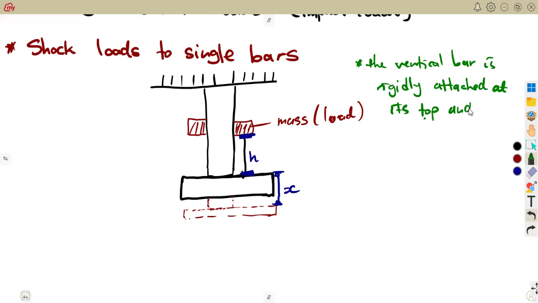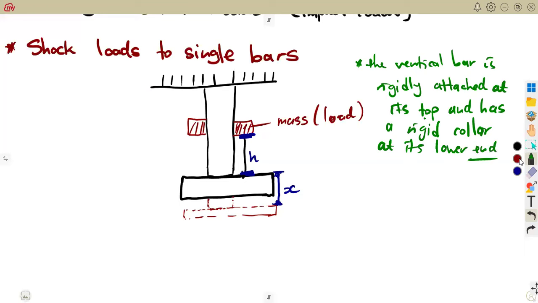And it also has a rigid collar. That is the collar there. At its lower end.